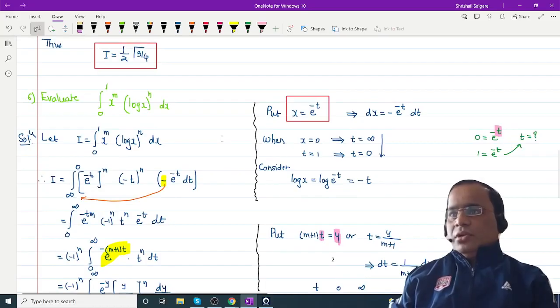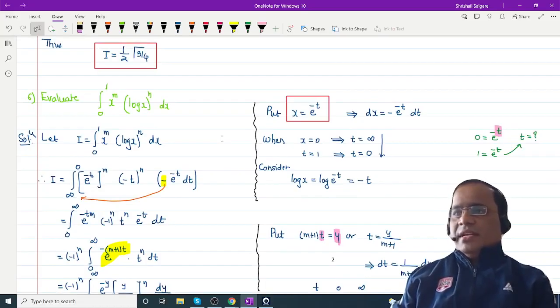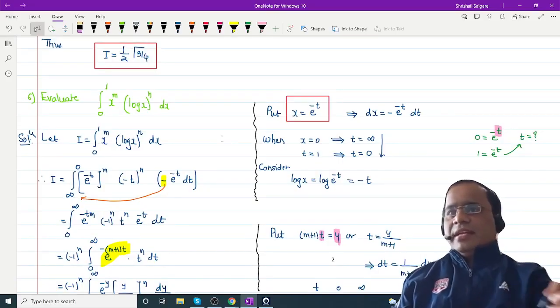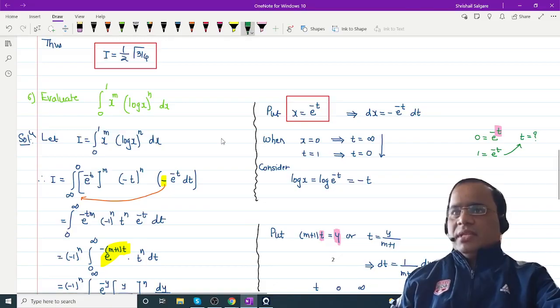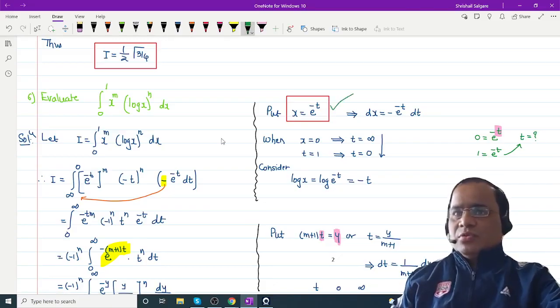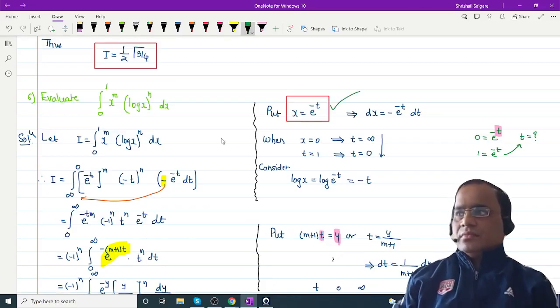What I told in the sixth example: when the limits of the integral are from 0 to 1 and the integrand involves a logarithm, then always use the substitution. Okay, I tick mark it.